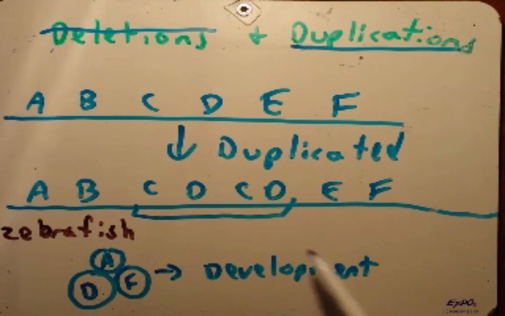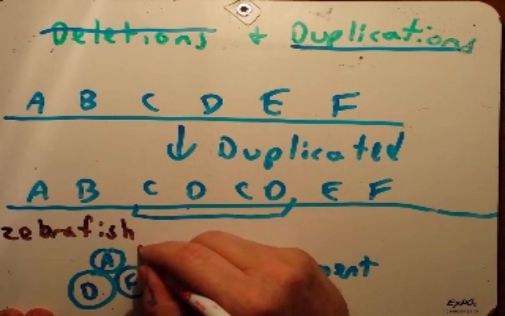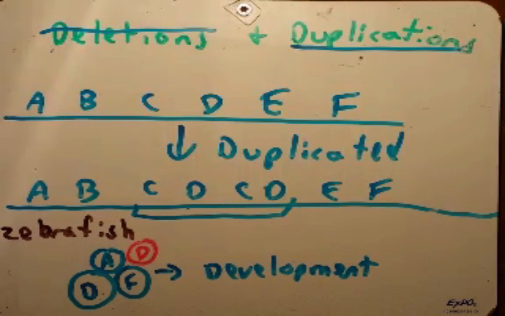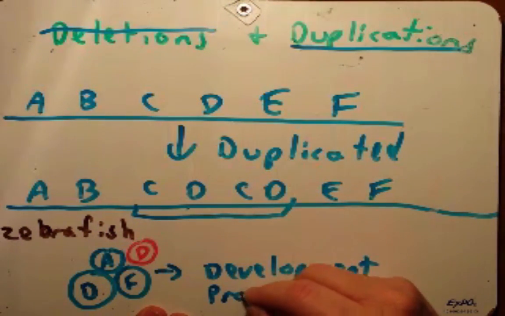However, as in this case here, if you have an extra D coming along here, binding to this complex, it almost serves as kind of like a poison. Instead of getting healthy development, we have development problems.